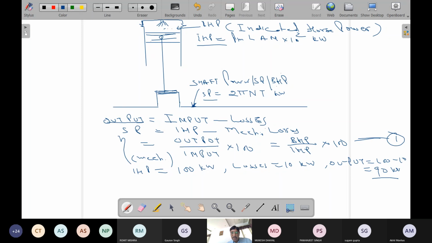Is it clear or not clear? Yes, sir. Okay. So instead of writing IHP 100, losses 10, output or BHP 90 kilowatt, I can say the mechanical efficiency of the engine is 90%.